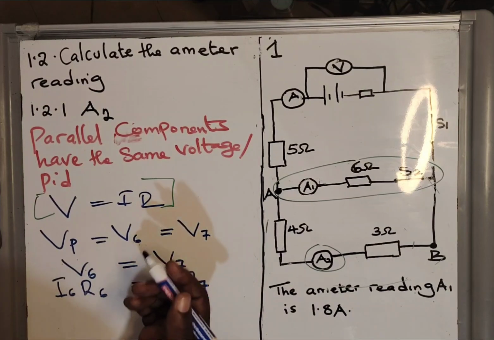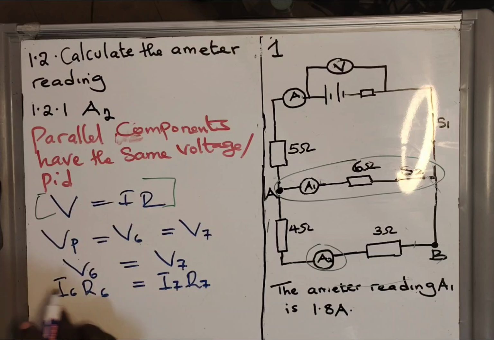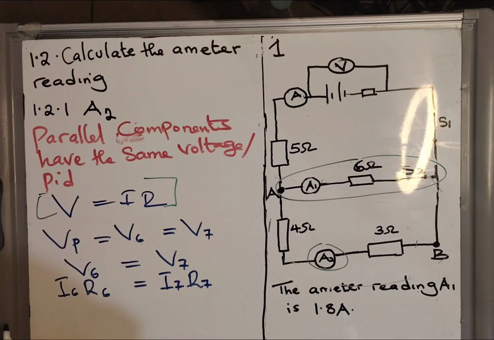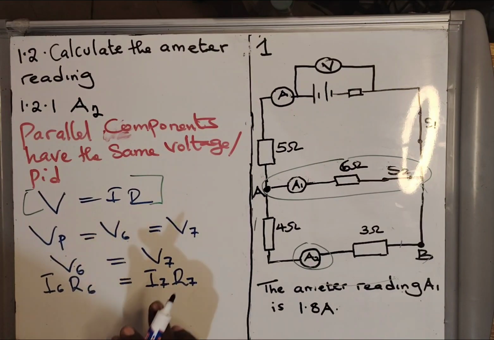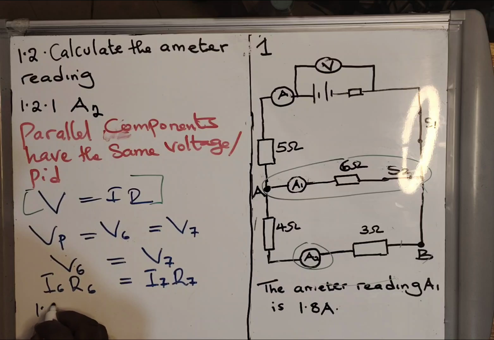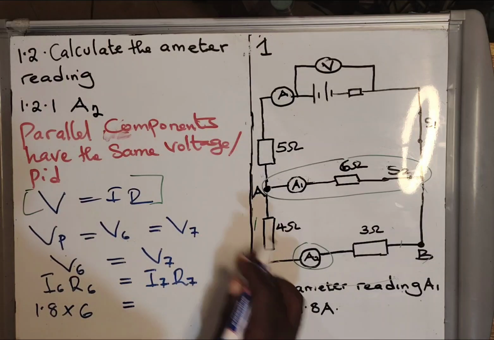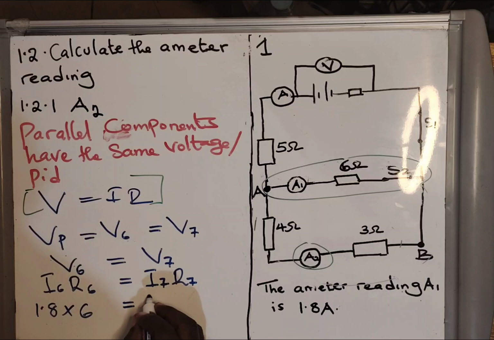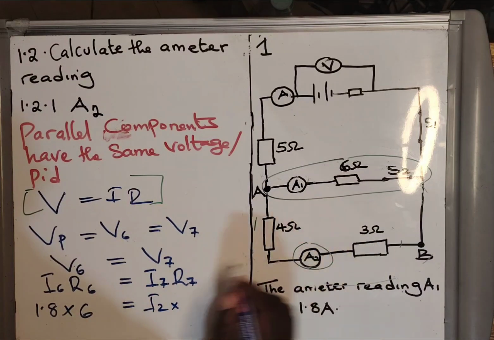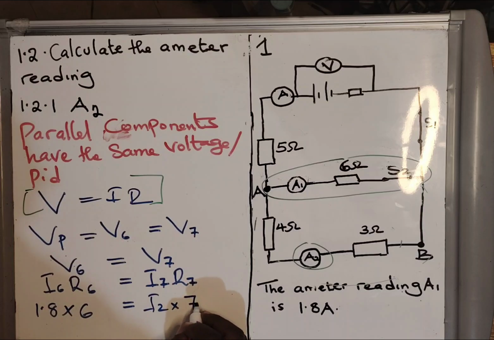And what is remaining is to just substitute. Remember, this arm is known. We know the current going through the 6 ohm resistor, and it was given here, it's 1.8. And we know the resistor, it is 6. Now, with this arm, what do we know? We don't know the current, it's what we are looking for. But we know the resistance, total of the two is 7.